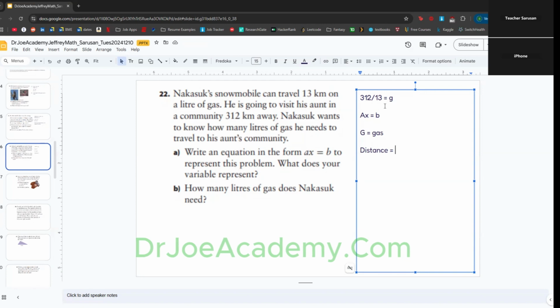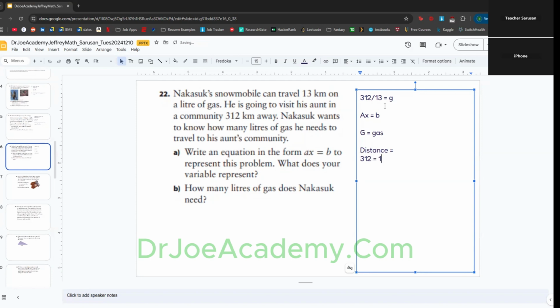How do I phrase this? Distance equals, let me just write this down. So the final answer is going to look like this. 312 equals 13G.